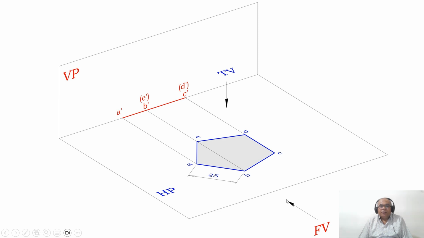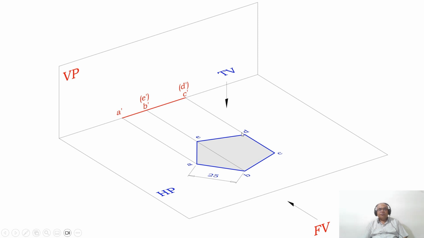When you look from the front view, since the surface is perpendicular to VP, you get a line in the vertical plane. And as we look from the front view, all the sides are resting on HP. That means A dash B dash, B dash C dash, C dash D dash, D dash E dash and E dash A dash are all resting on HP. Therefore, it is parallel to HP.